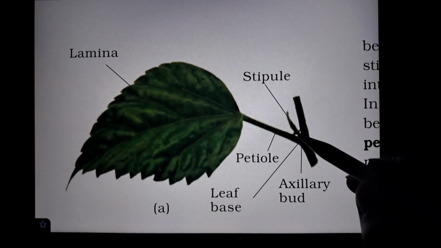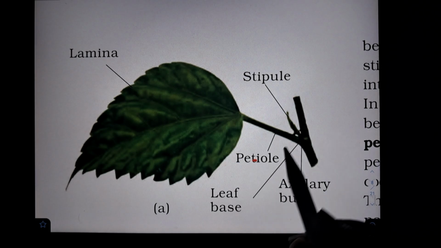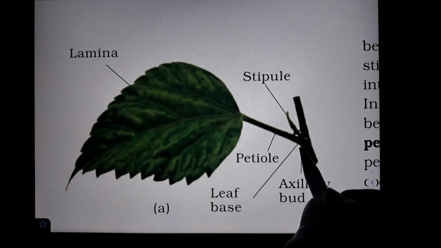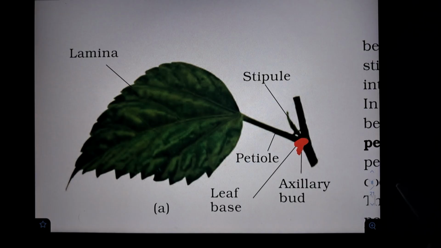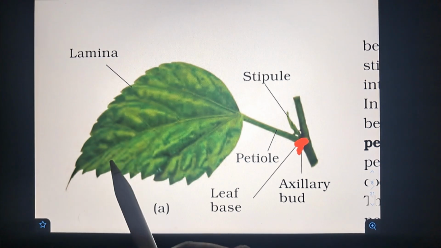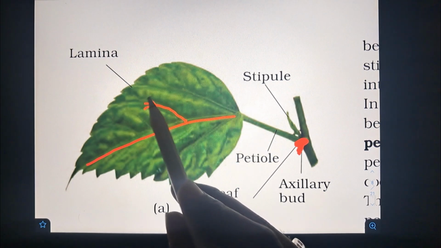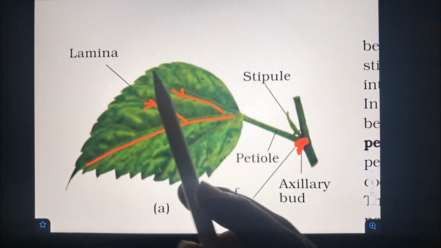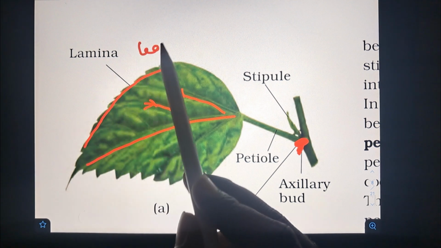These are stipules, this one is known as the petiole, and this is the leaf base where the leaf originates, and an axillary bud is also present here. Here we can see the midrib, and these are veins, and this is the lamina. It is also known as the leaf blade.